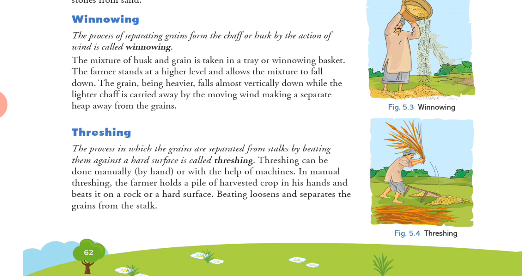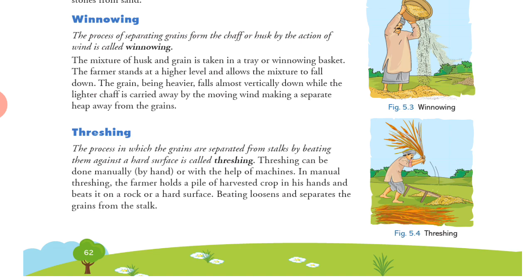Threshing. The process in which grains are separated from the stalk by beating them against a hard surface is called threshing. Threshing can be done manually or with the help of machines.